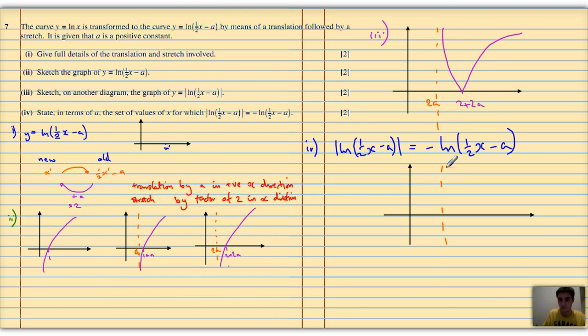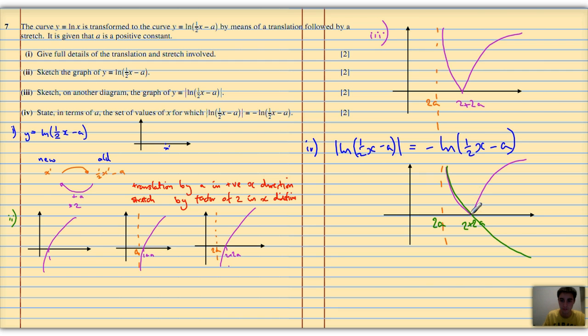Next, we want negative ln of (a half x minus a), so we want this curve reflected in the x-axis. I'm going to reflect this in the x-axis and get something that looks like that. I'll just put these points in here, 2 plus 2a, and that's 2a.